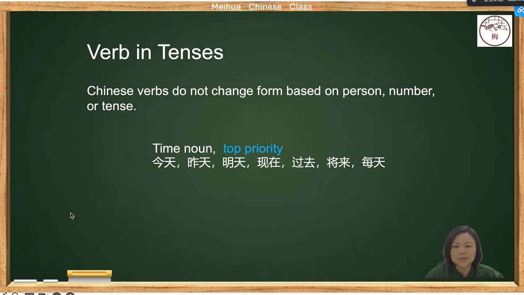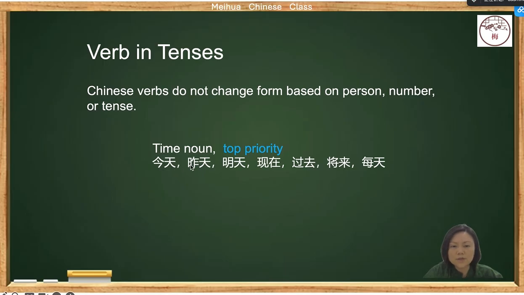For example, 今天, if I want to say something about 今天, it's about the present tense, right? Of course, it's not about yesterday, it's not about tomorrow, it's just about today. So I should be able to use the correct rule to make the sentence, right?